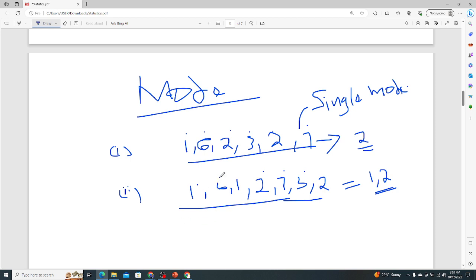Then the first value which occurs more than once becomes your mode. So 1 will be our single mode in this second illustration. But if you are just asked for the mode, it is 1 and 2, and this is called multiple mode.